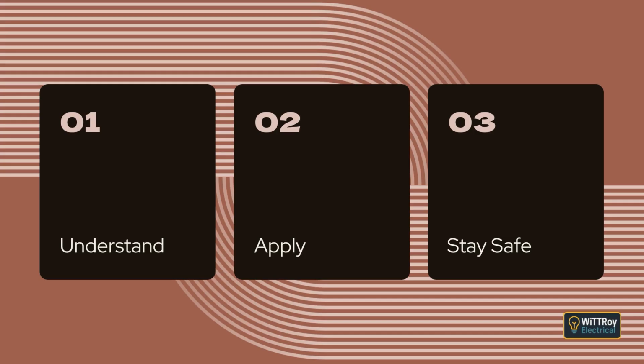Clause 2.7.3, Protection by protective devices. Clause 2.7.3 describes how protective devices, such as surge protection devices, can be used to handle overvoltage from lightning or switching operations.